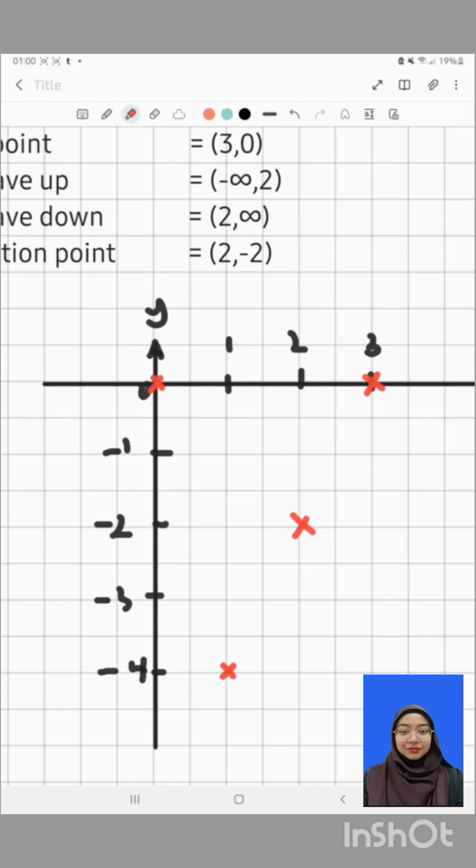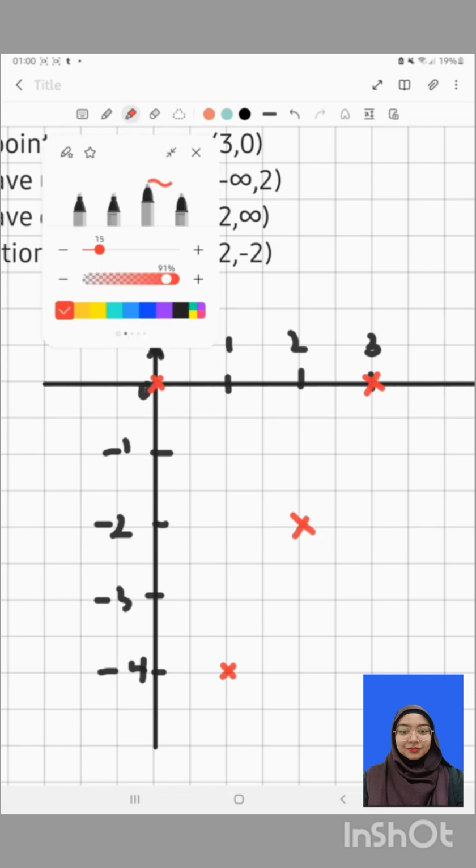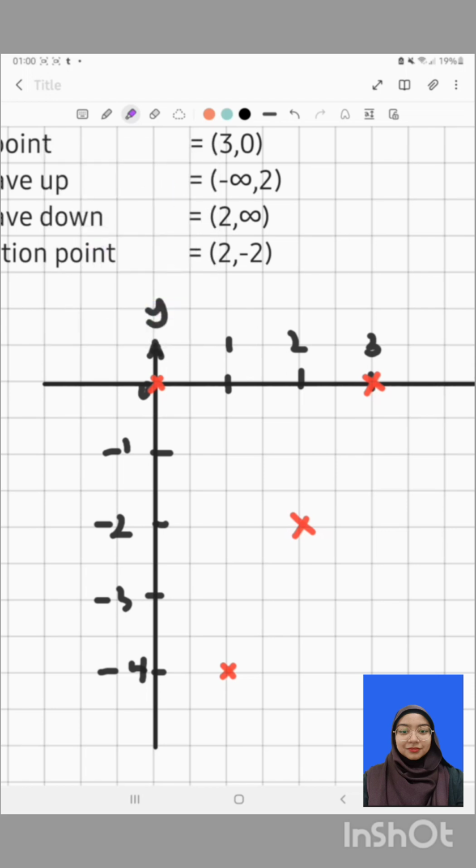So now that we have plotted, we can connect all the points to draw the graph. So it will be like this.